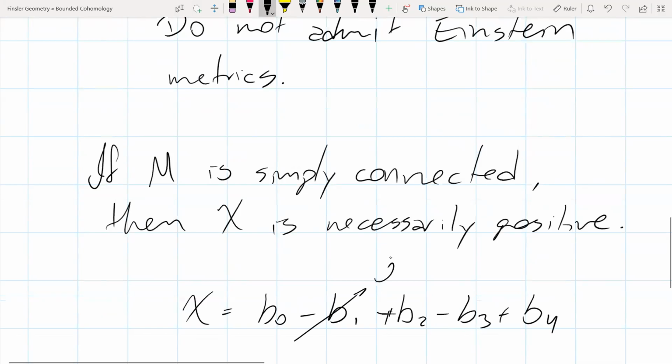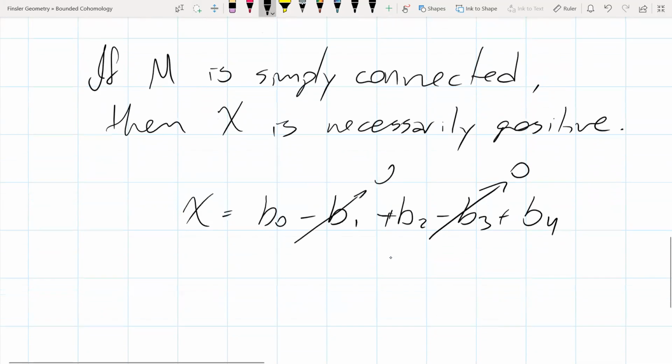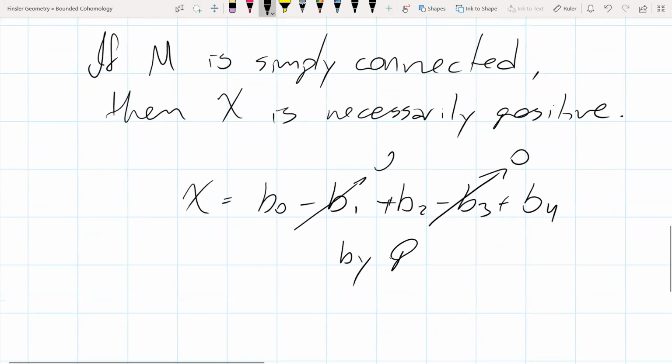And B3 is too, by Poincaré duality. And you actually know that B0 is going to be 1, so this is necessarily positive.